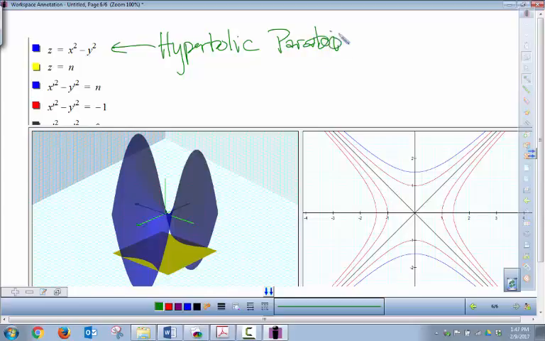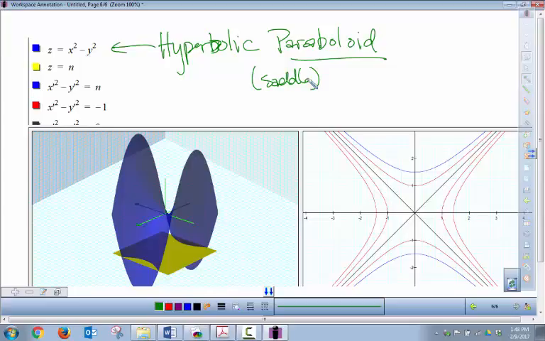So the main feature of the paraboloid is that two variables are squared and one is not. And the fact that the cross-sectional cuts are hyperbolas means this is a hyperbolic paraboloid. A common term for this is the saddle, for those people that mention saddles.